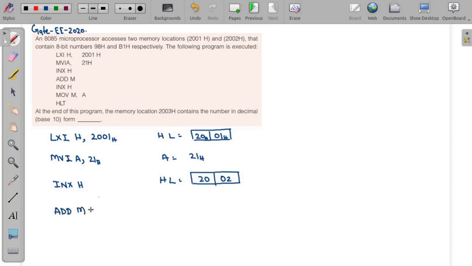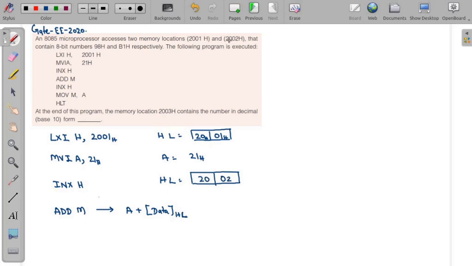Now ADD M, they have told you ADD M. So what does this mean? Basically this means you have to add the content or data in the accumulator to the data that is denoted by the address of the HL register pair. So what is the address of the HL location now? 2002.